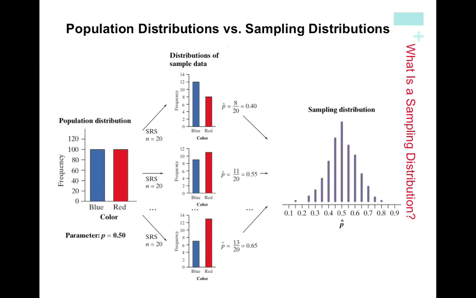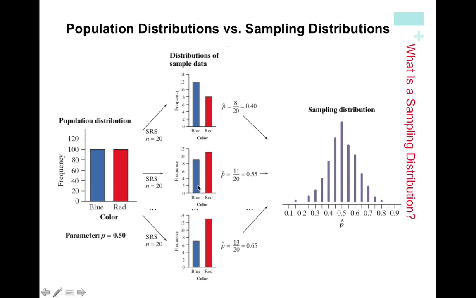So with the chip example that we did in class, we had a population of 100 blue and 100 red. So the parameter, the population proportion of red chips, was 50%. We took different samples of size 20, and here are my sample distributions. Some of you might have had a little bit more blue than red. Some of you might have been 50-50.